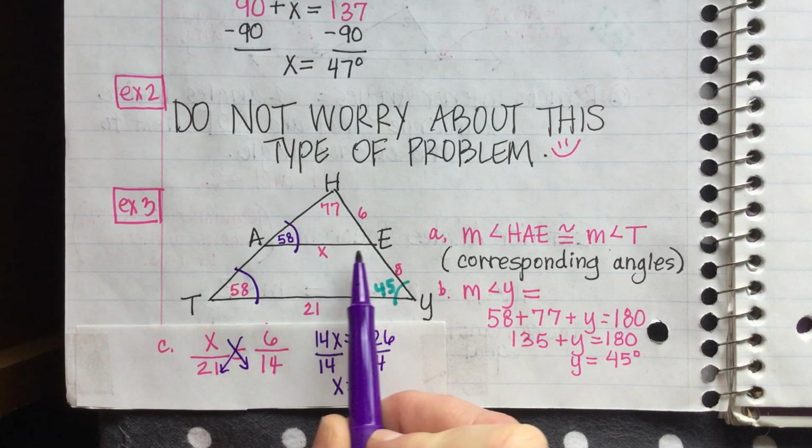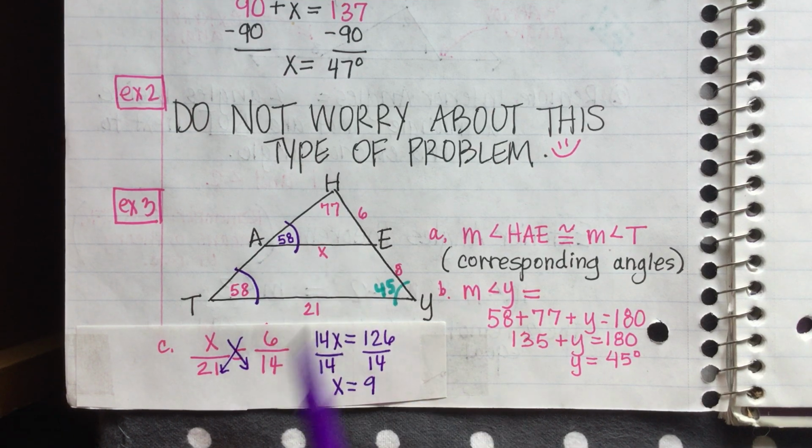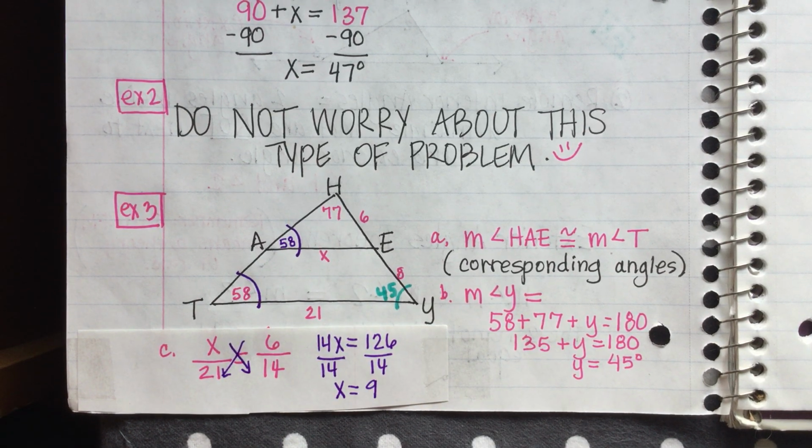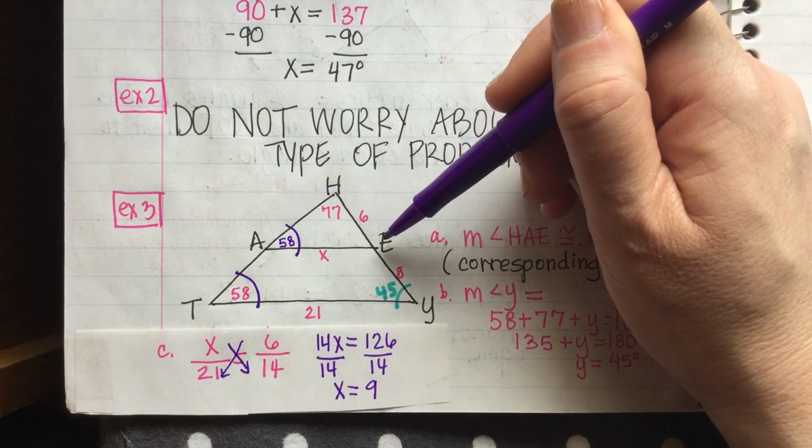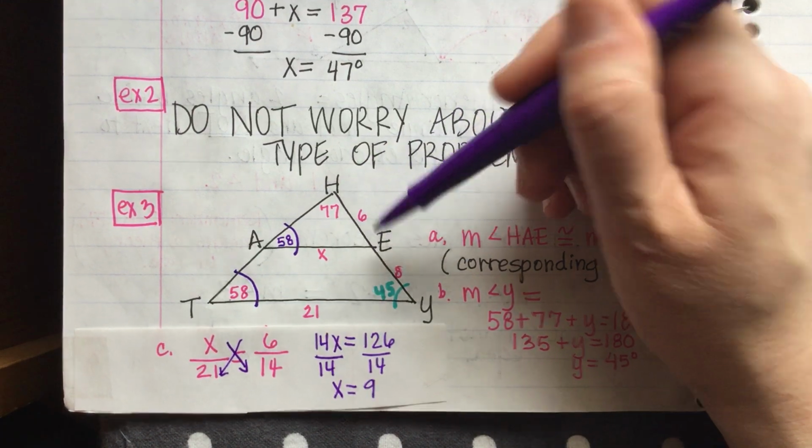So side X, which is what I'm looking for, is at the bottom of that first smaller triangle, and this side, TY, is at the bottom of the larger triangle. So I'm going to compare those two sides. I'm going to say X is in proportion to 21 in the same way that this side HE over here, which is 6, so notice that's the side from the smaller triangle.